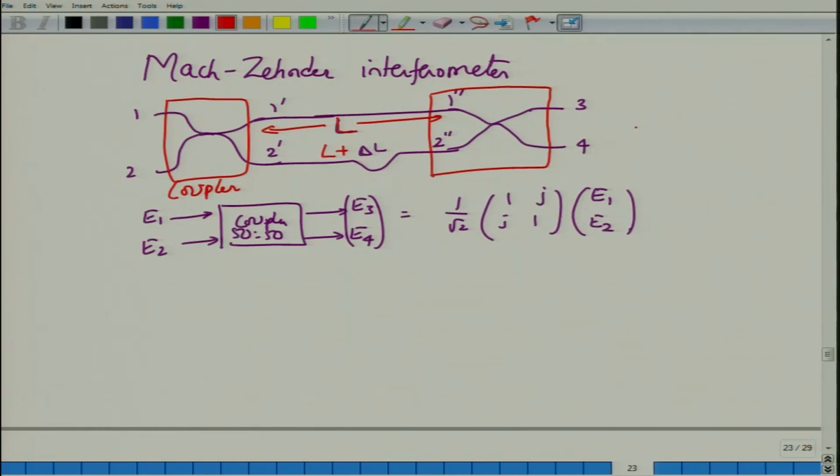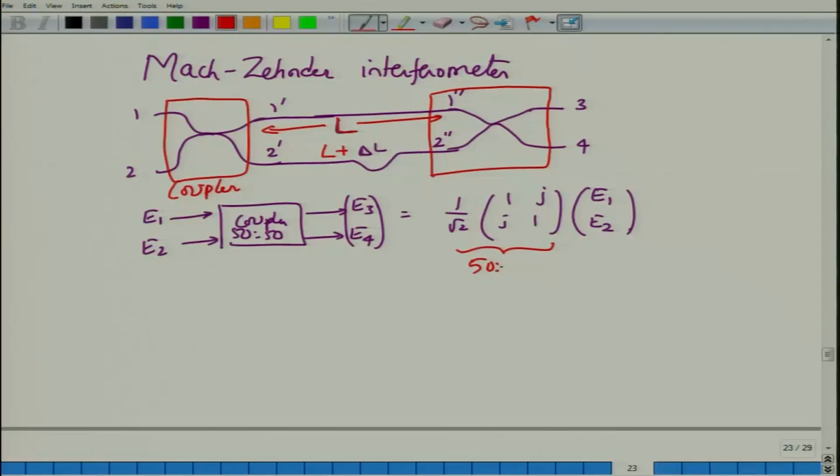You can describe a coupler, instead of in the form of cos square beta LC and sin square beta LC, in terms of how much power is coupled from one port to the output ports and from the other port to the output ports, in the form of a matrix. So, this is the matrix description of a coupler. This is a coupler in which the amplitude splits into 1 by root 2, so that the power splits into half.